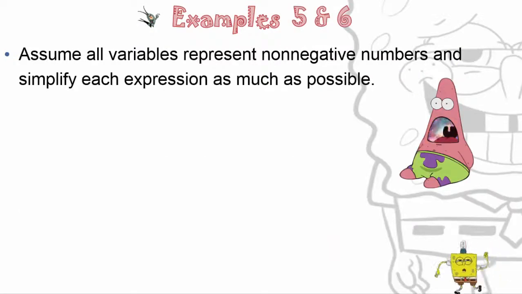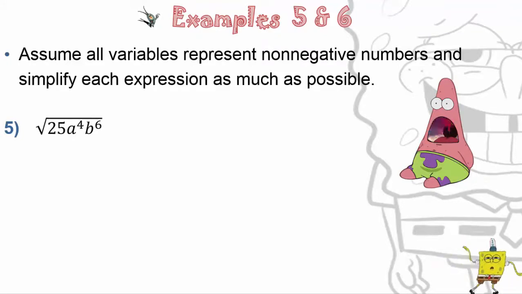Examples 5 and 6. Assume all variables represent non-negative numbers and simplify each expression as much as possible. So here we're actually doing things with variables. So let us go to the whiteboard and work this one out. Since we're going to be looking at things in algebra, that means we're going to be looking at things with variables.